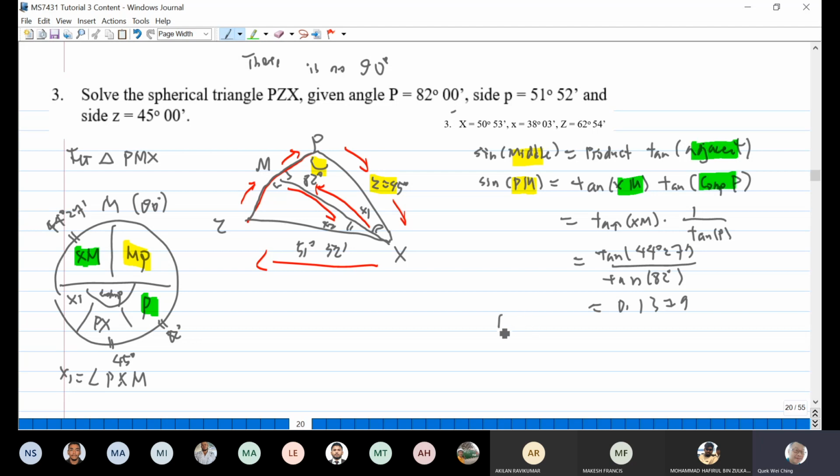So PM is equal to sine inverse of 0.1379. So shift sine inverse answer. Go back first. Answer 7.92, which is actually 7 degree 55 minutes.